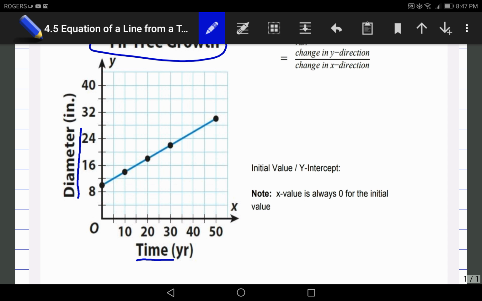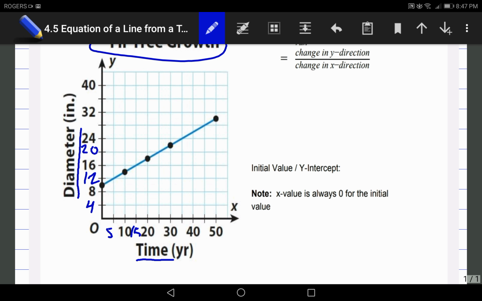And looking at our scale, we're going by 5 years on the x-axis, and we're going by 4 inches on the y-axis. So again, you can choose to fill those numbers in. You don't have to, but sometimes it just makes things a little bit more clear when you see those values there.